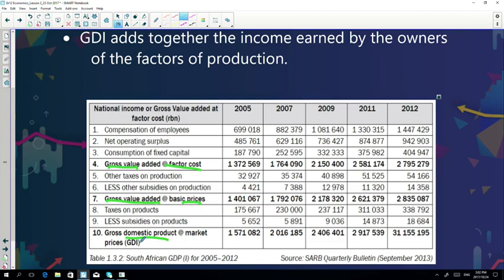It's important to understand what goes into the national income, or the gross value added at factor cost, because I've seen quite some nice questions in past papers regarding the gross value added at factor cost.